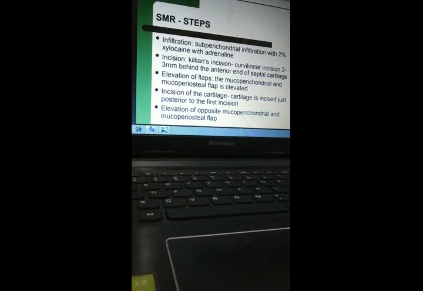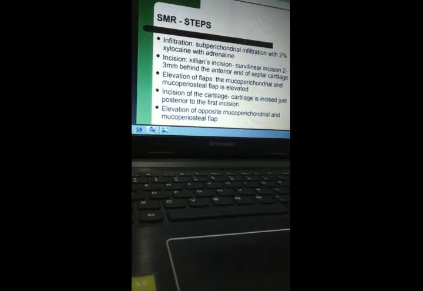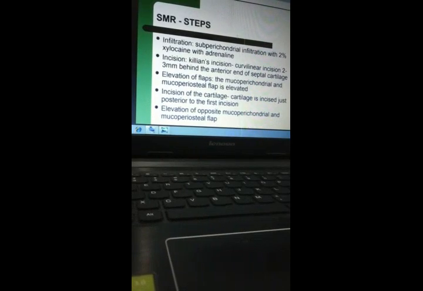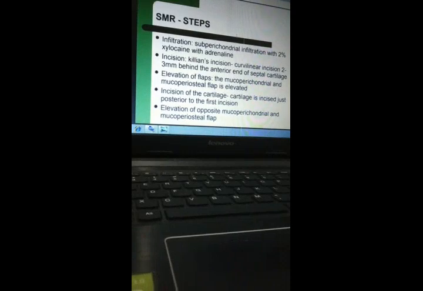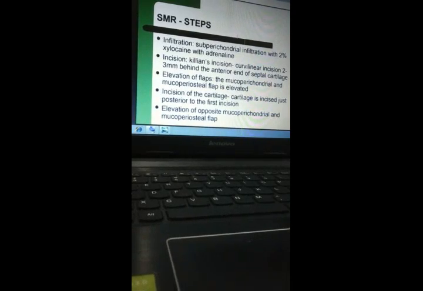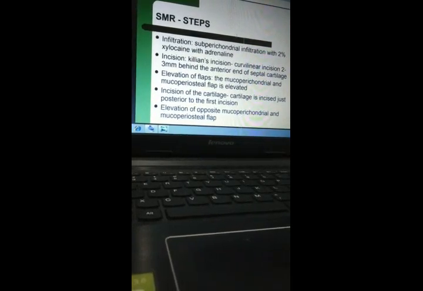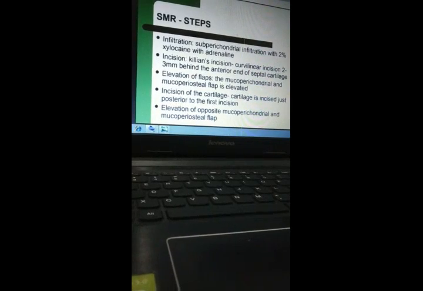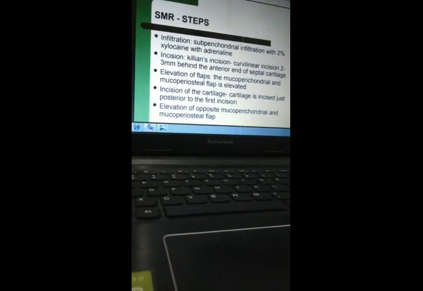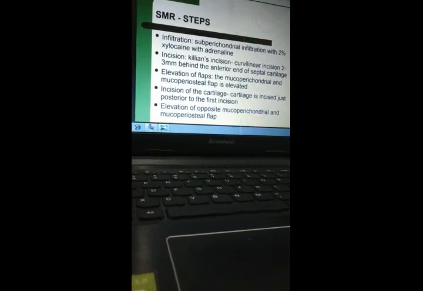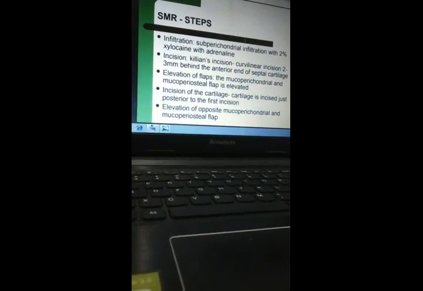Now the incision we use is Killian's incision. In this incision, curvilinear incision about 2 to 3 millimeter behind the anterior end of septal cartilage is given, and then the mucoperichondrial and mucoperiosteal flap is elevated.